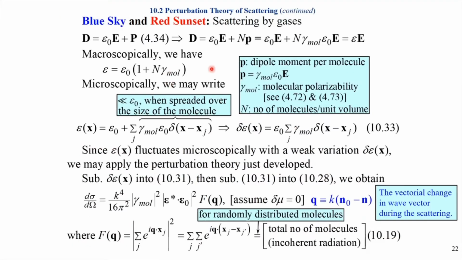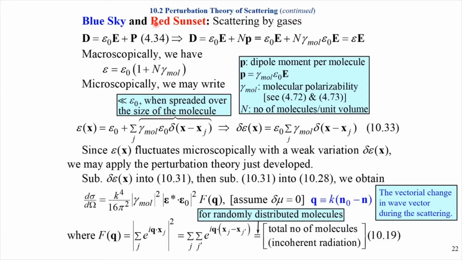So we will try to explain the perturbation theory of scattering to explain why the sky is blue and sunset is red. Blue sky and red sunset.